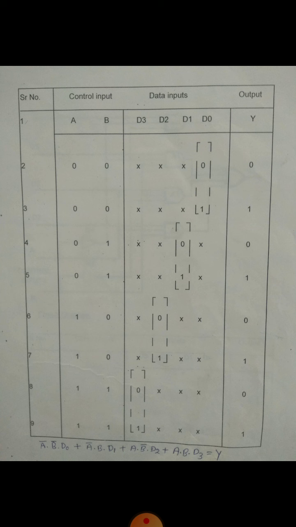So hence you can check that your multiplexer circuit is verified. This truth table is verified because multiple data inputs are there with your control inputs A and B, but only one output is present at Y.